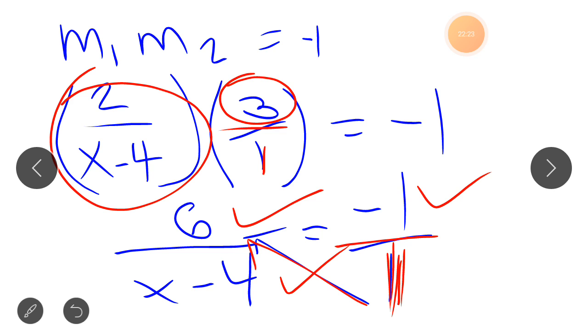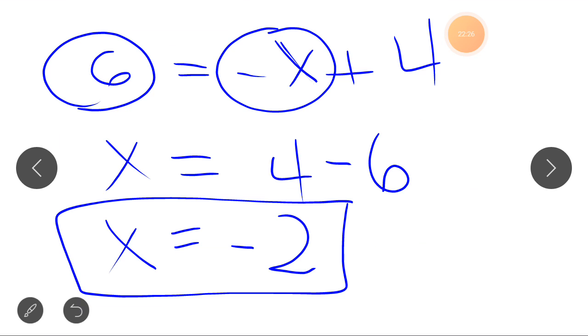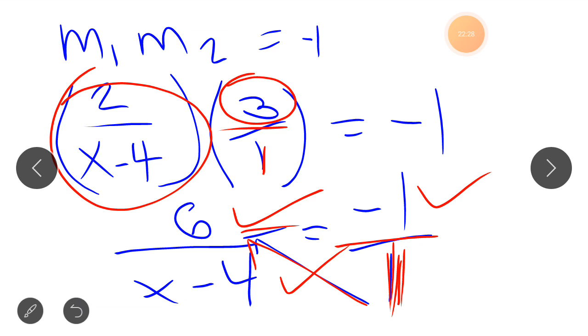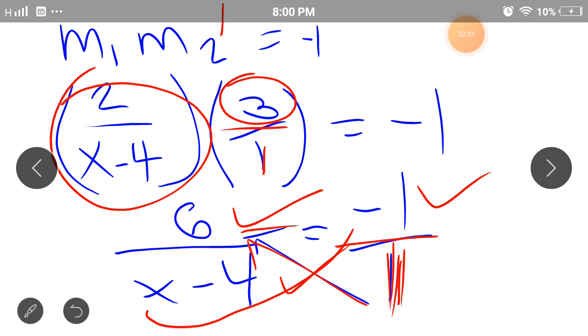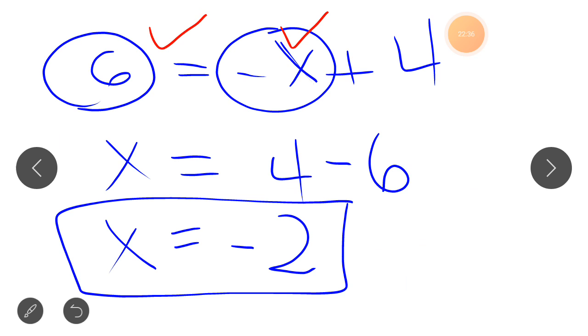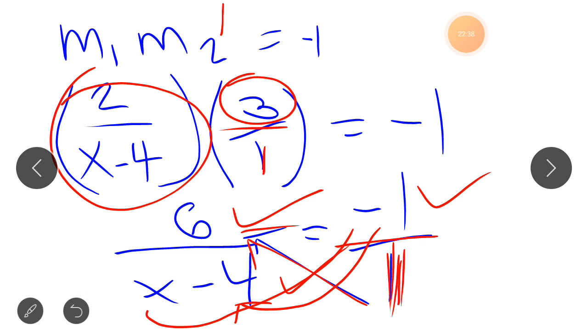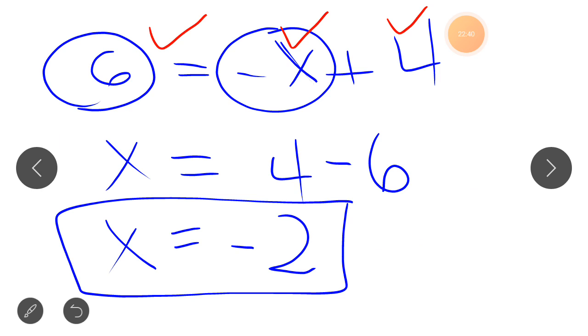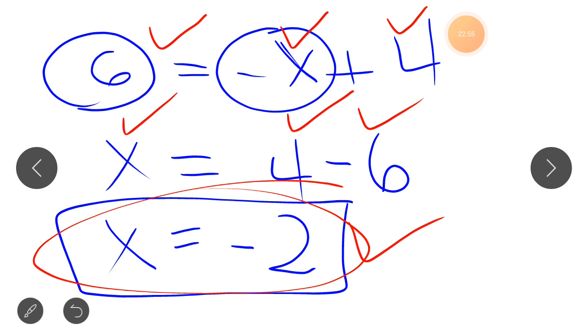Then cross multiply, 6 times 1, 6. Then negative 1 times x equals negative x. Then negative 1 times negative 4, positive 4. We transpose negative x to the other side, so it becomes positive. Then transpose 6, it becomes negative. Then just copy 4. So x equals 4 minus 6, negative 2. Okay, so that's how we get x.